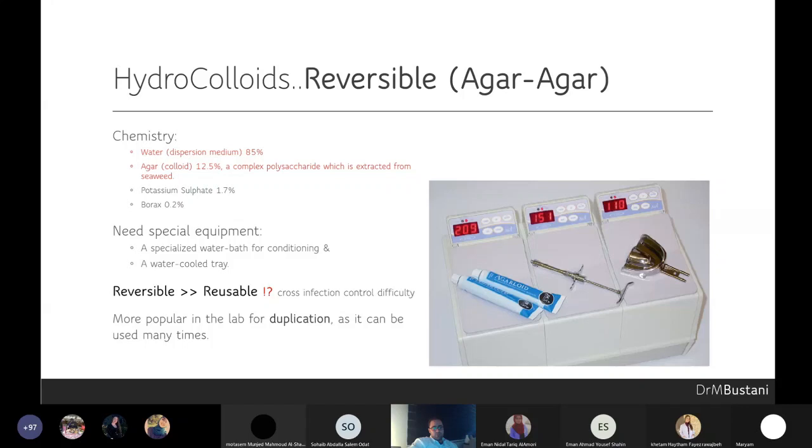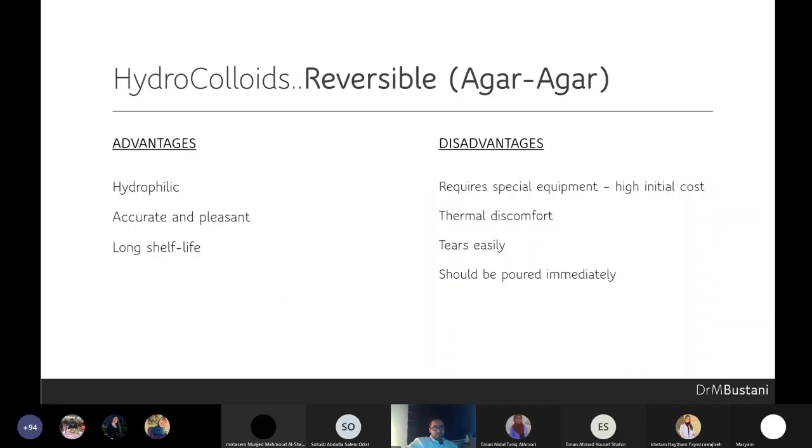We can't be sure that the impression is properly disinfected. So we have a cross-infection control problem. That's why it's mainly used nowadays in labs to duplicate casts. Plus, it's a bit expensive.